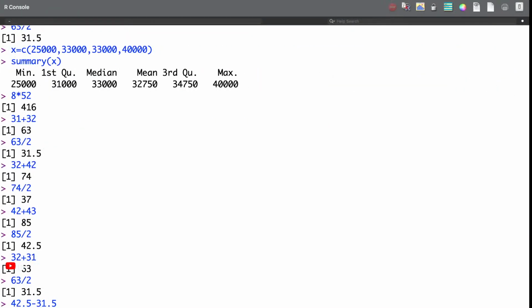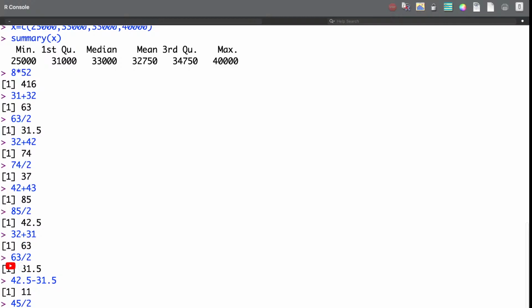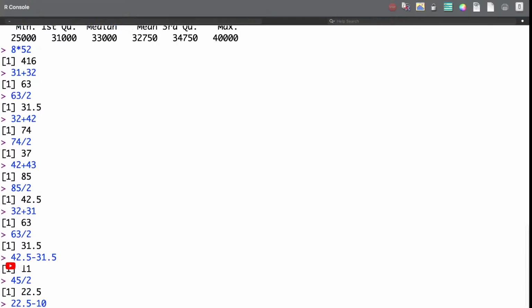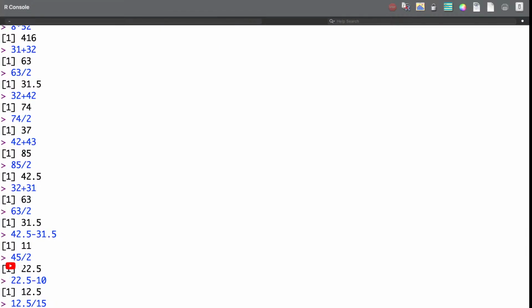So first we do 45 divided by 2, 22.5 minus 10 over 15. So 22.5 minus 10, then 12.5 divided by 15. Then that answer we times with the class boundary.